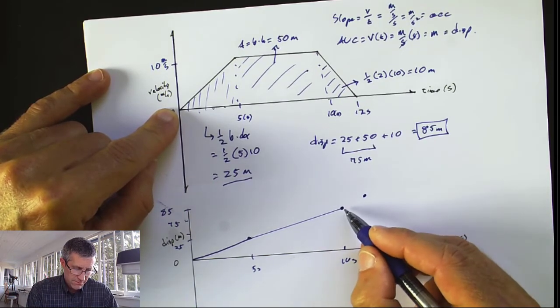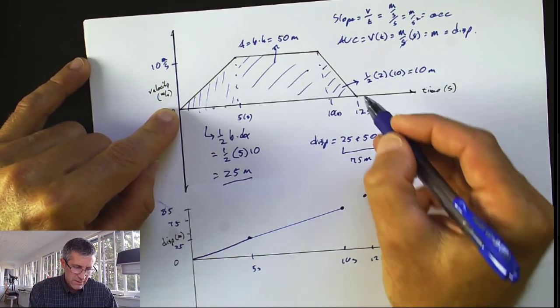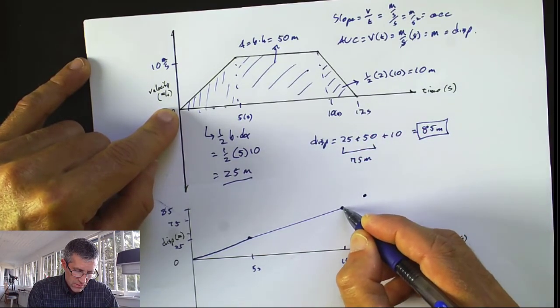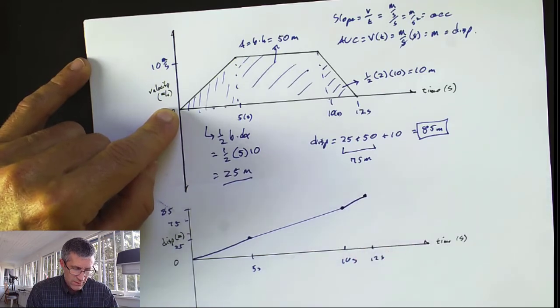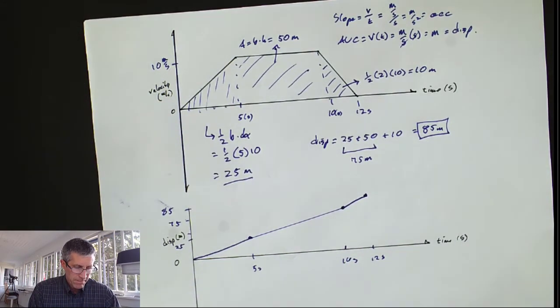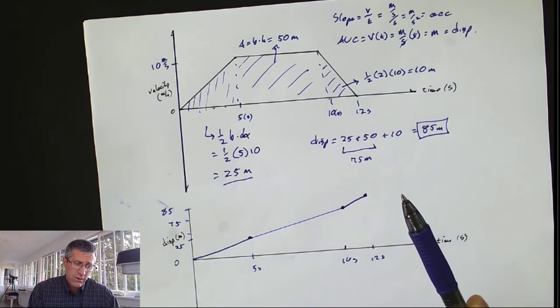And my velocity at the end is 0, so at my end, it needs to be flat. So I'm going to go sort of a curve this way. And this now represents a displacement graph for this velocity graph.